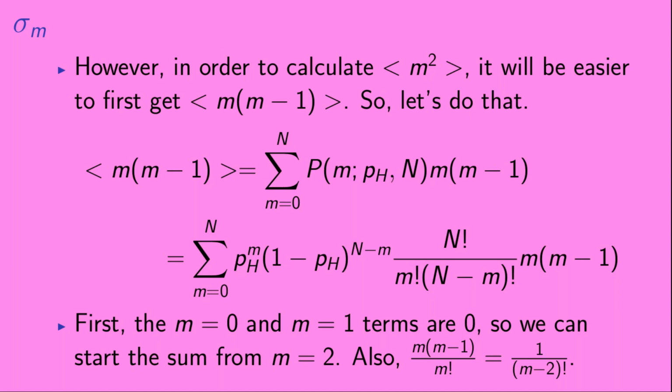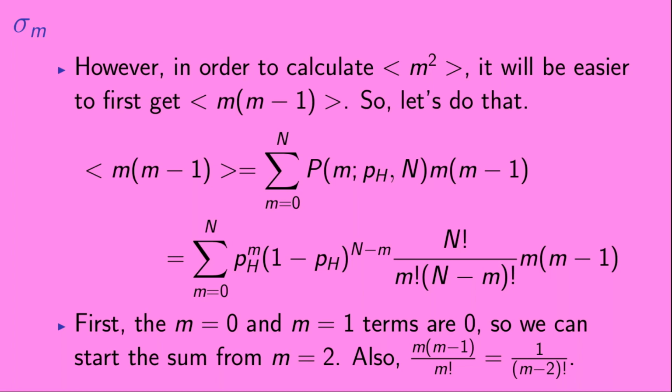So the mean value of m times m minus 1 is equal to the sum over m from 0 to n of p of m given ph and n times m minus 1. And that equals the sum over m from 0 to n of ph raised to the power of m, 1 minus ph raised to the power of n minus m, times n factorial over m factorial n minus m factorial times m minus 1.